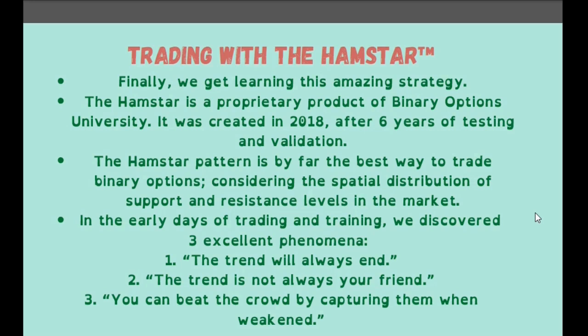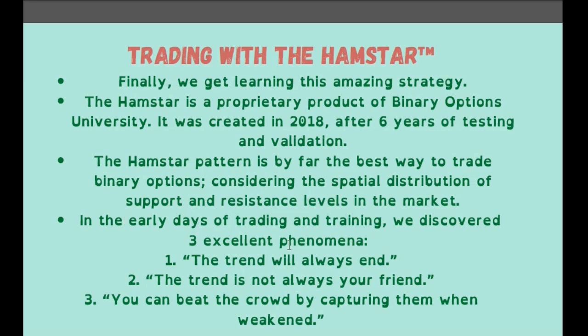Before we go ahead, I would like us to learn the principles guiding the Amster pattern. Basically, the Amster pattern is by far the best way to trade binary options, considering the spatial distribution of support and resistance lines or levels in the market.